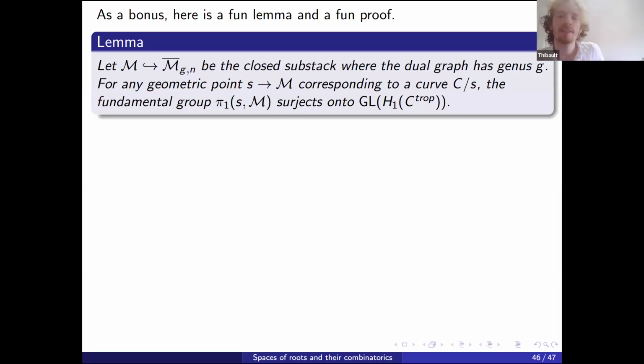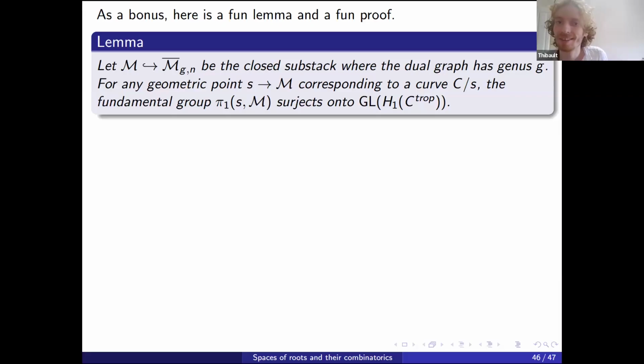This lemma says, if I look at the monodromy action of this M on the homology of the dual graph, which now is a lattice of constant rank g, actually the fundamental group acts via every linear automorphism.